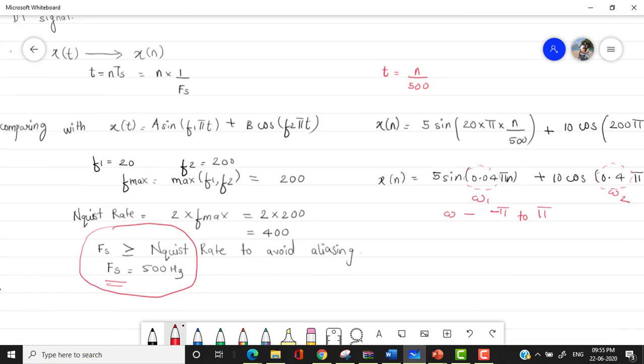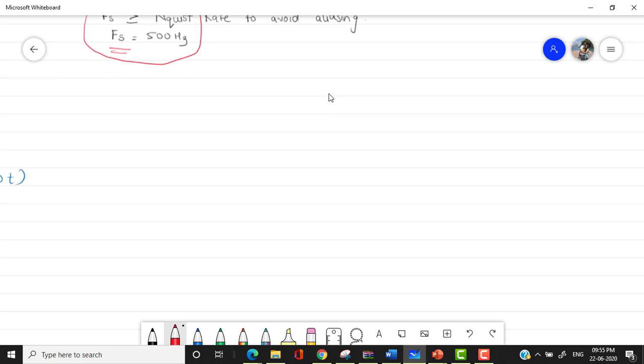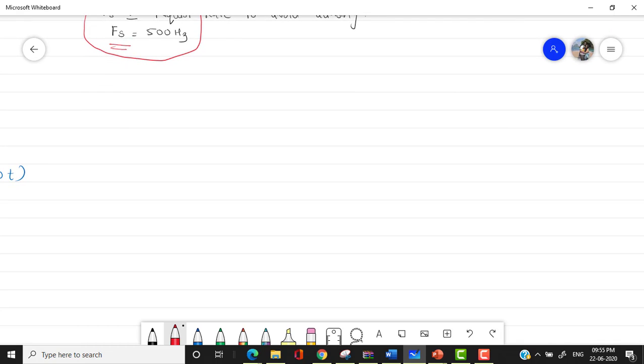So the takeaway, I can give you a short recap of what we have done right now: we have seen how to sample a continuous time signal into a discrete time signal x[n], and we can perform this sampling by a simple substitution t is equal to nTs, which can be written as n upon Fs, Fs being the sampling frequency in hertz.